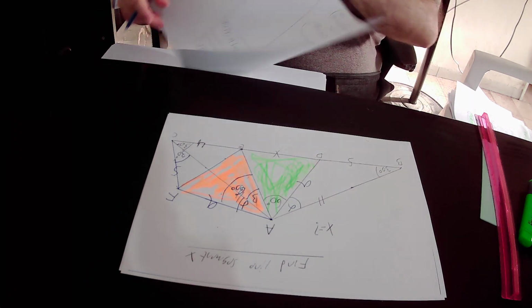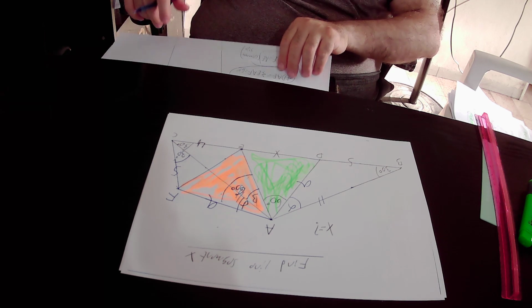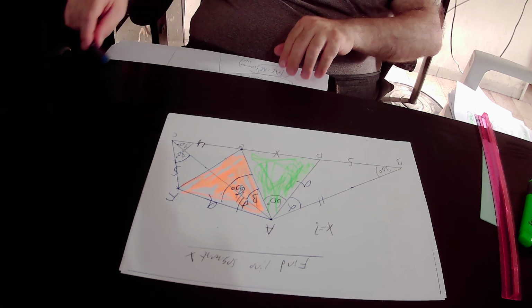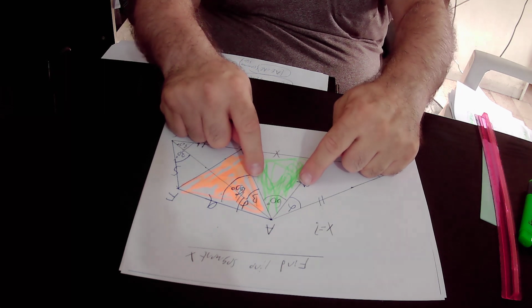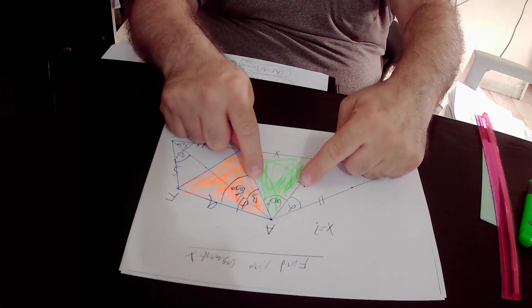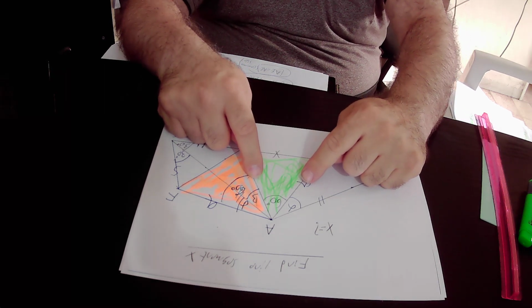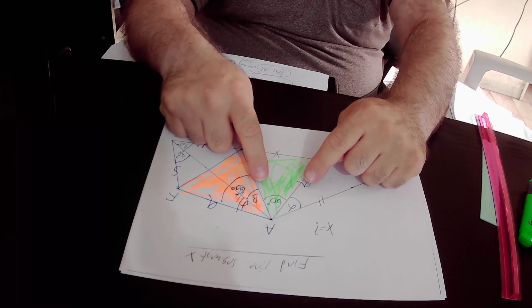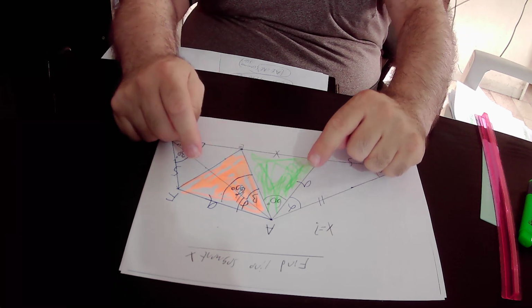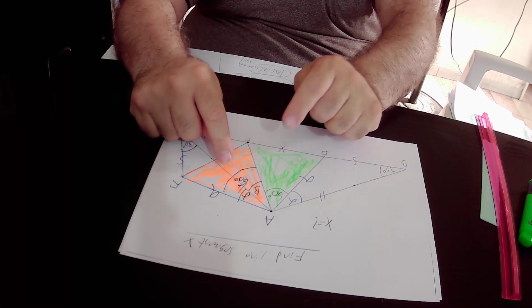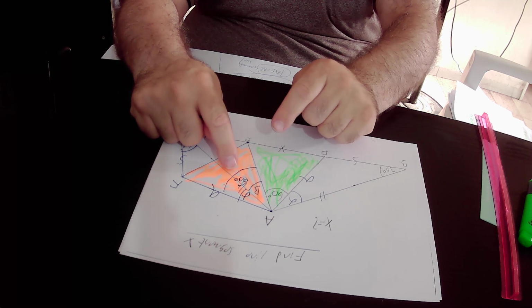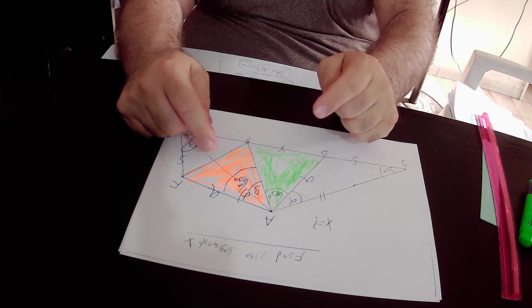So I'll explain what I mean. We actually proved that those two sides and the angle between them in the green triangle are congruent to those two sides and the angle located between those two sides in the orange triangle.